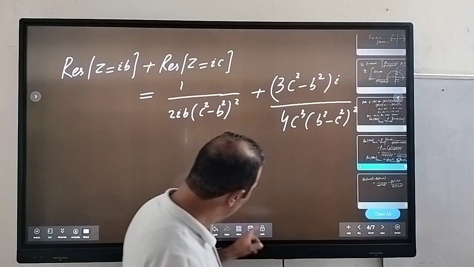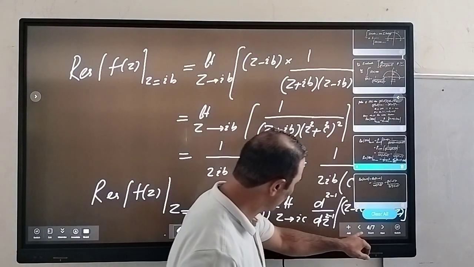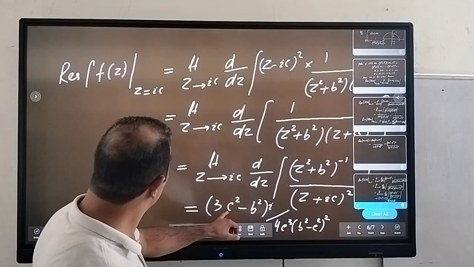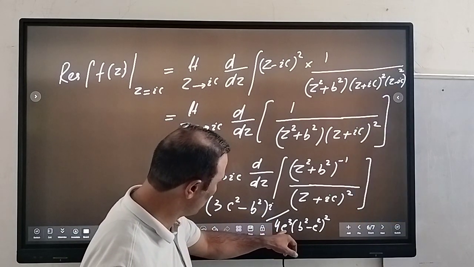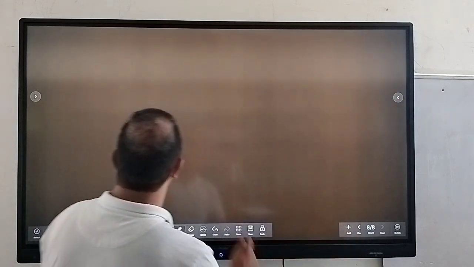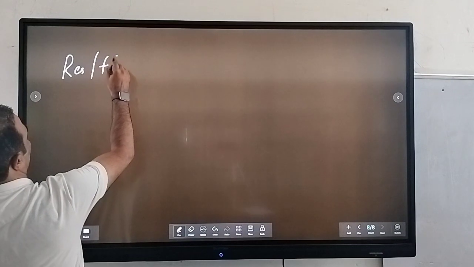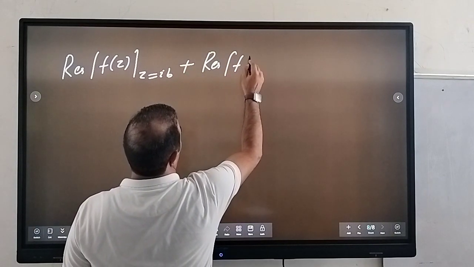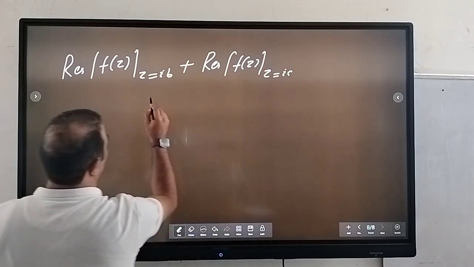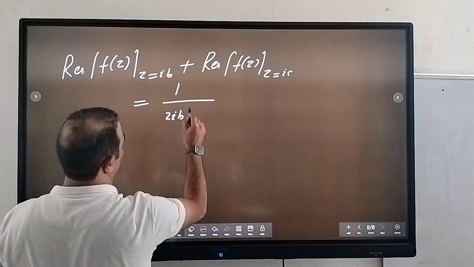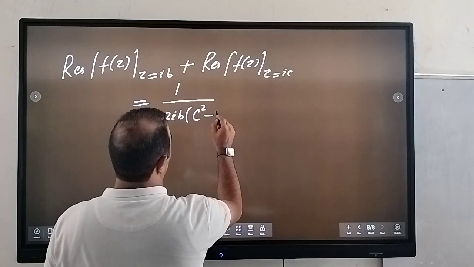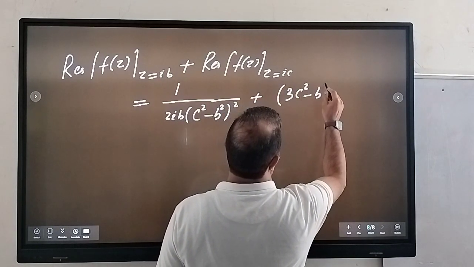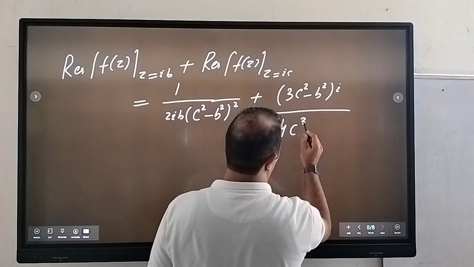The second residue was 3c square minus b square into iota divided by this expression. So we need to write the residue of f of z at z equal to iota b plus the residue at z equal to iota c, which is iota b into, plus, 4c cube.